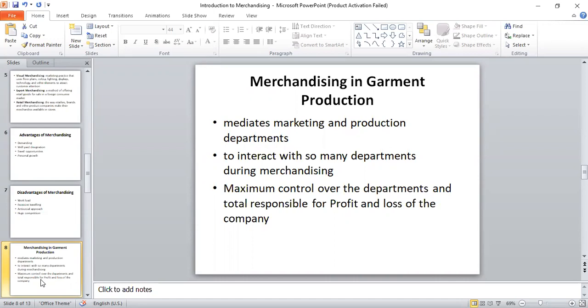If the garment production house is small, then all the job of merchandising is done by one person.